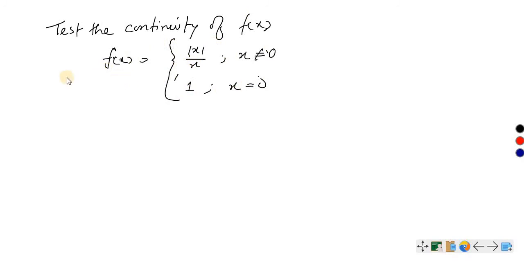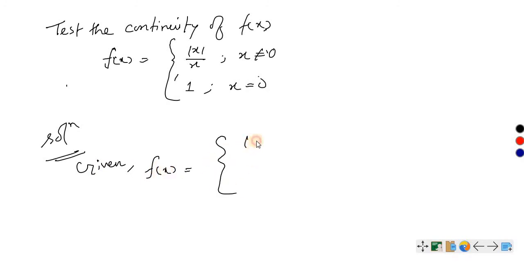So how do we approach the solution of this? Solution: given f of x, at first we will write the function in this way.